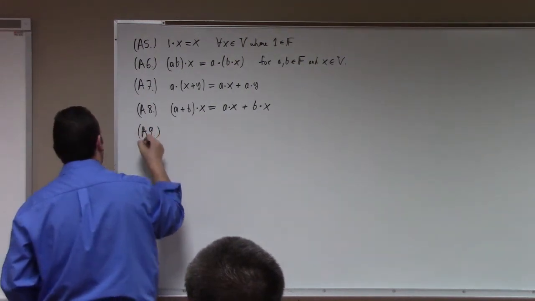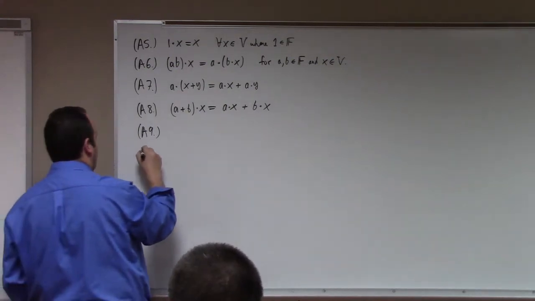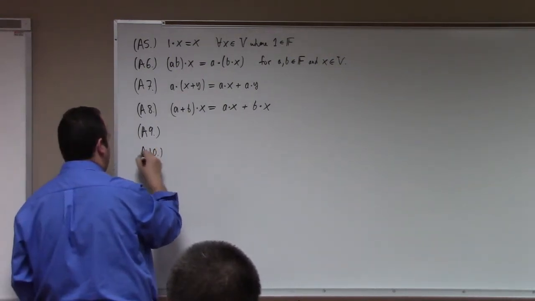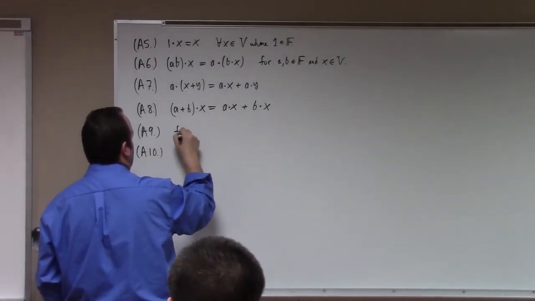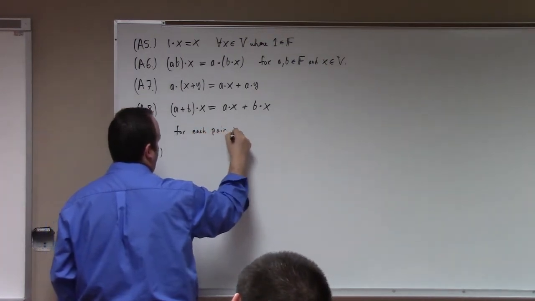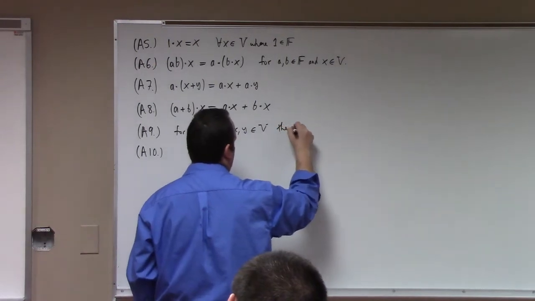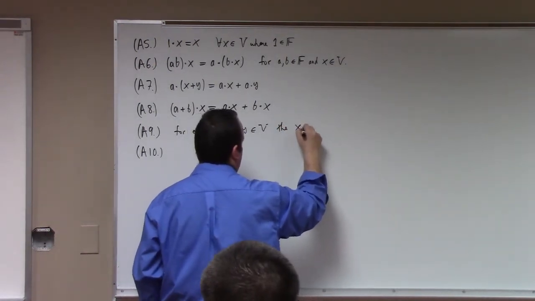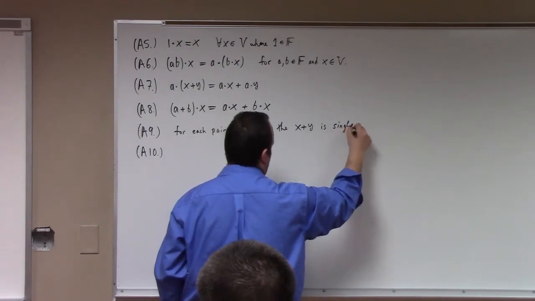Axiom 9, actually axioms 9 and 10 are redundant, but I state them again for emphasis. So axiom 9 says that for each pair x, y in V, the x plus y is a single vector.